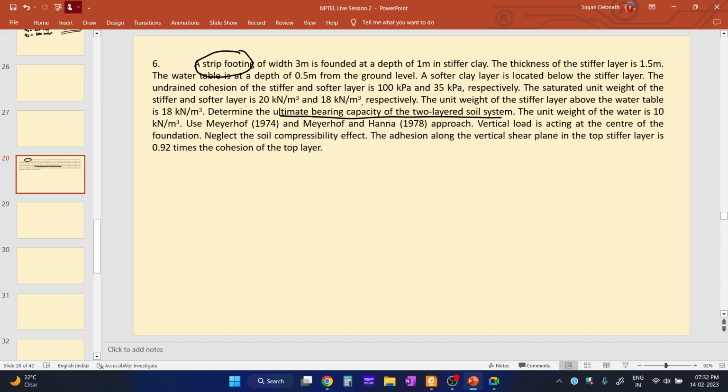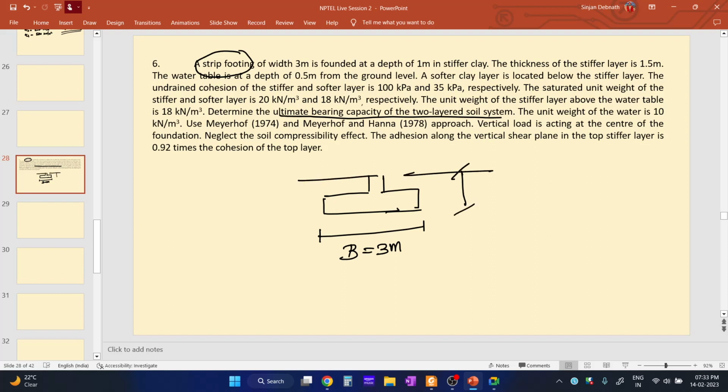So now let me draw it. A strip footing of width 3 meter is founded at a depth of 1 meter in stiffer clay. The thickness of the stiffer layer is 1.5 meter.